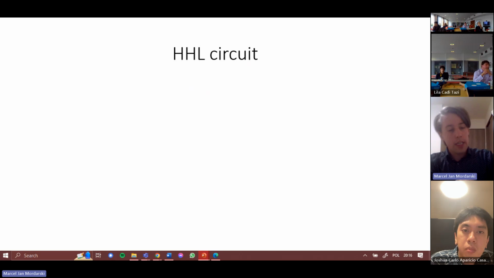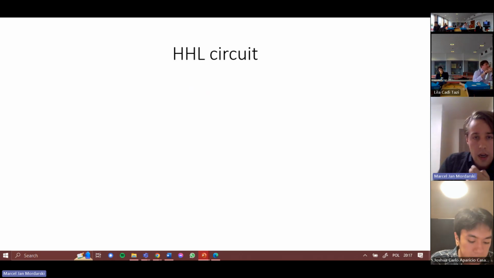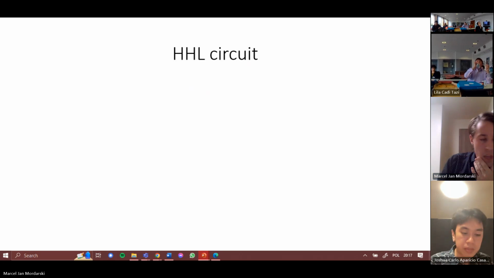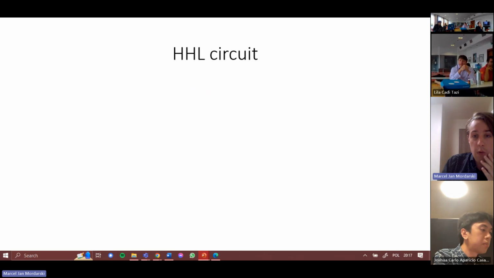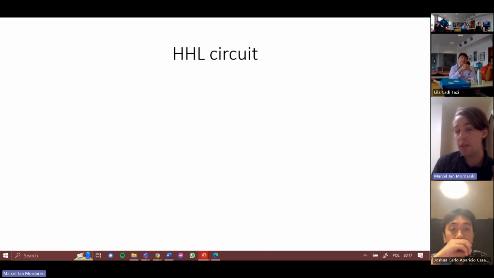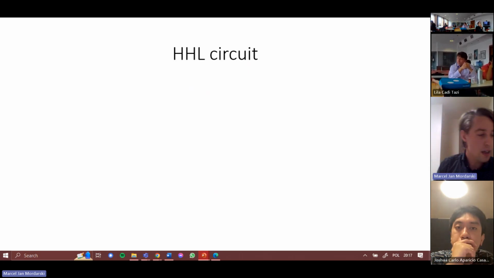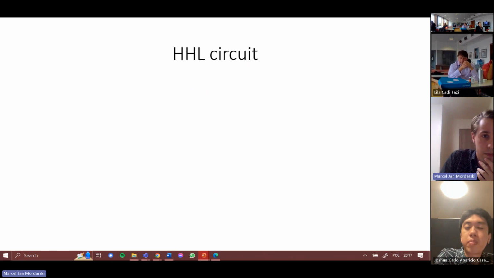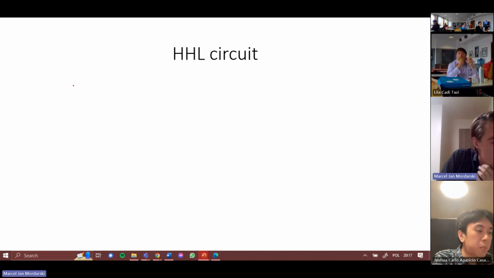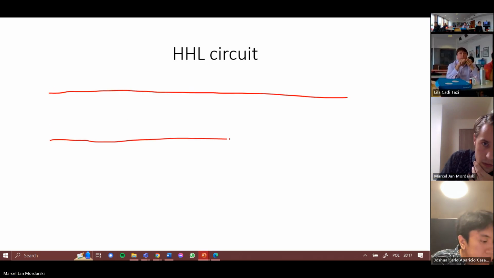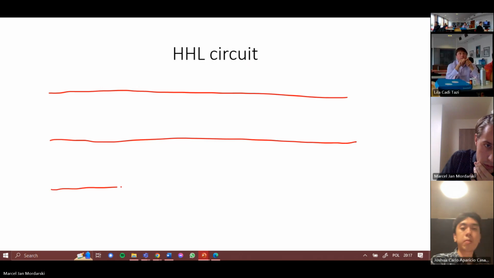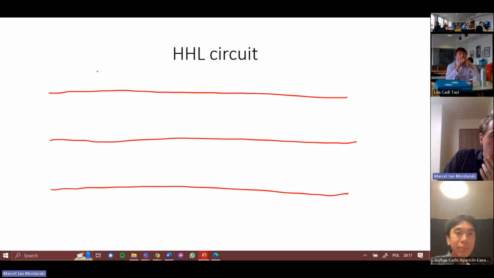Right. And my idea to present this is to show you the circuit of HHL. It's really quantum phase estimation with some conditional rotation, and the rest of it is the housekeeping and cleaning up, I'd say. So let me draw it. We'll be dealing with 3 sets of components. Right.